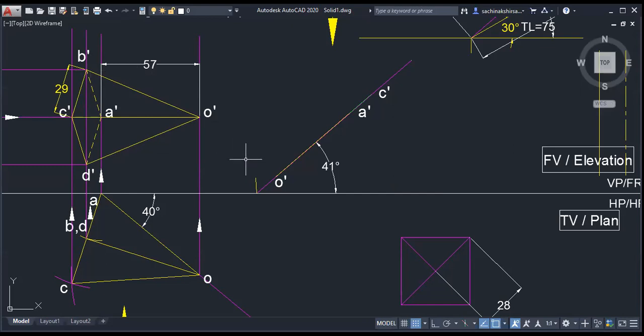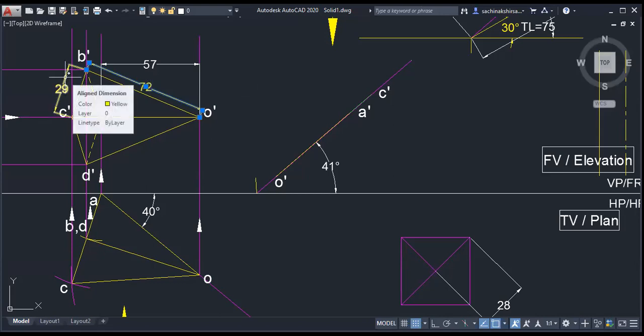And O dash to B dash, how much is it? Measure and tell. It is coming 72. We have just rotated, so just check how much it is. 72. 73, okay, no issue. So just take the distance in the compass and mark it. Nothing else. Take the distance into the compass, 29 and 72.